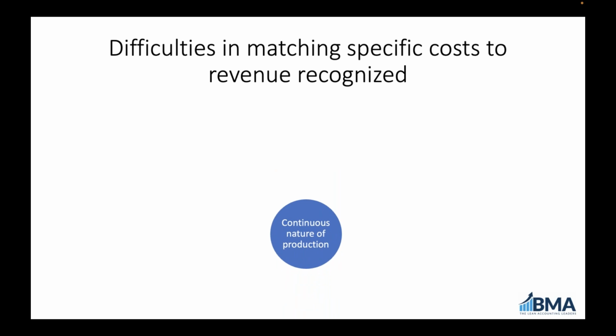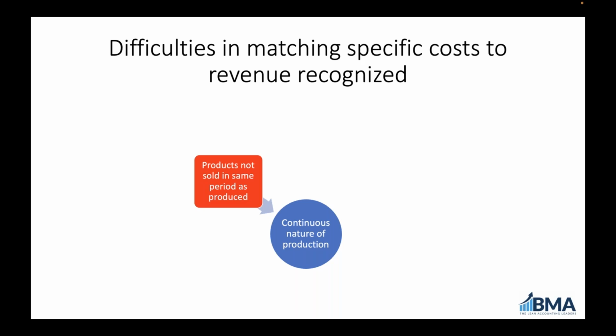Accounting professionals are very familiar with that. But if you read a little further, the principle says that it is difficult to match the specific costs to the revenue that is recognized. And that's because of the continuous nature of manufacturing production. It's always going on.